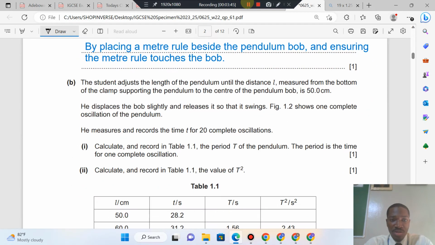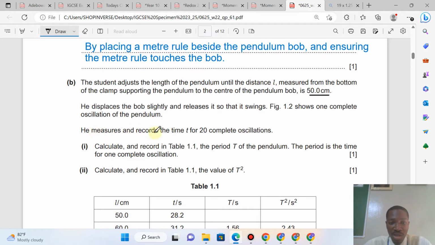So the next question says, the students adjust the length of the pendulum until the distance L measured from the bottom of the clamp supporting the pendulum to the center of the bob is 50 centimeters. Okay, this is our first length, 50 centimeters. He displaces the bob slightly and releases it, so it swings. Figure 1.2 shows one complete oscillation of the pendulum.